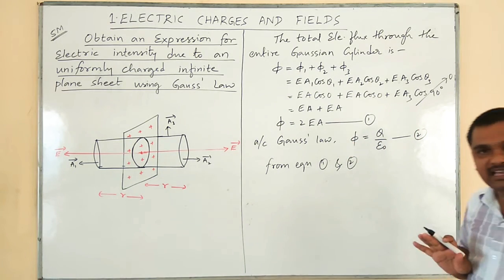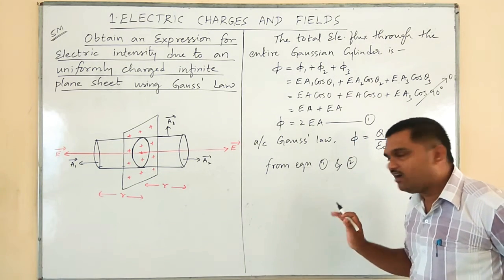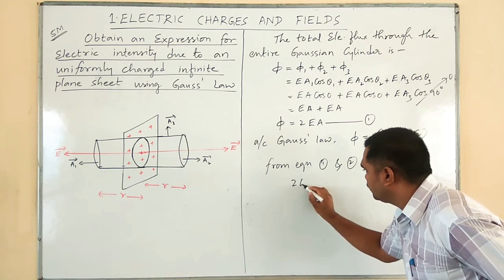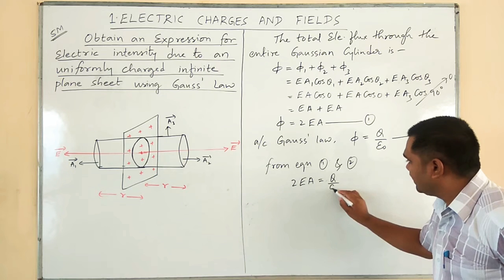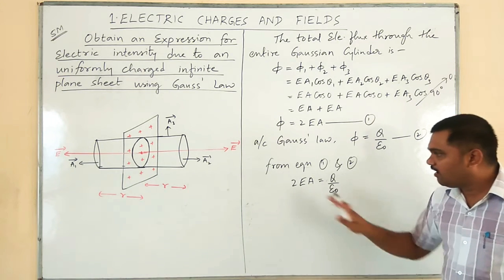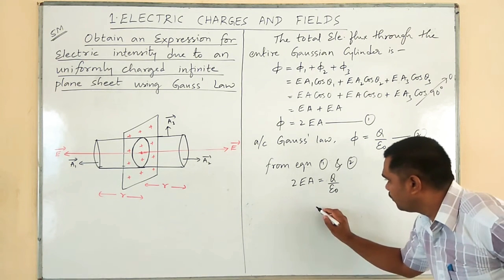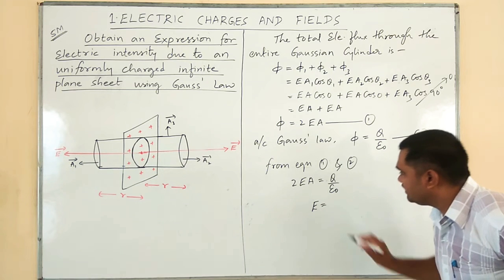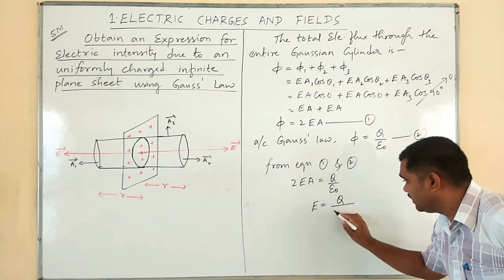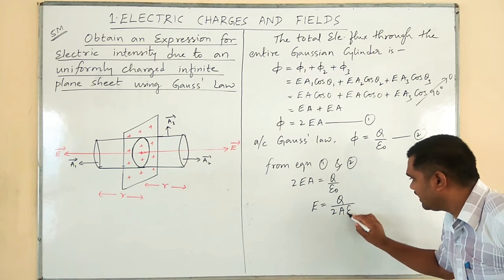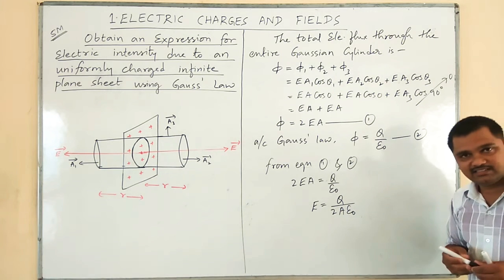See, LHS are same, therefore we can equate the RHS. That is, 2EA is equal to Q divided by epsilon naught. On rearranging the terms, what we get here is E is equal to Q divided by 2A epsilon naught. Isn't it?